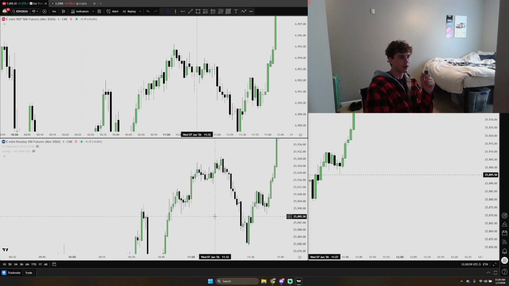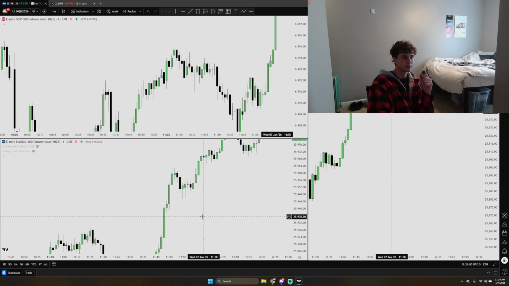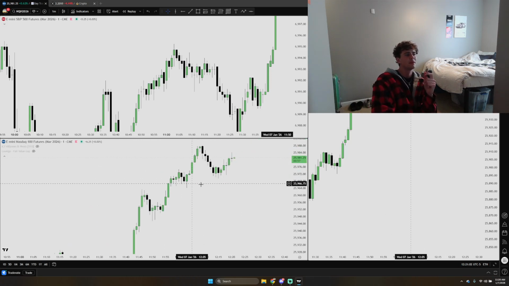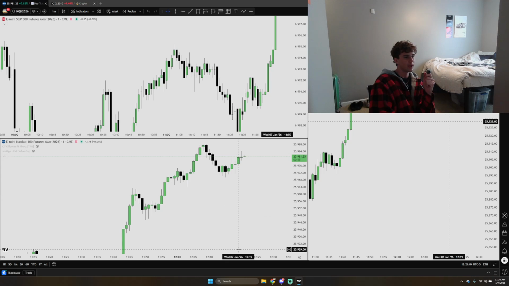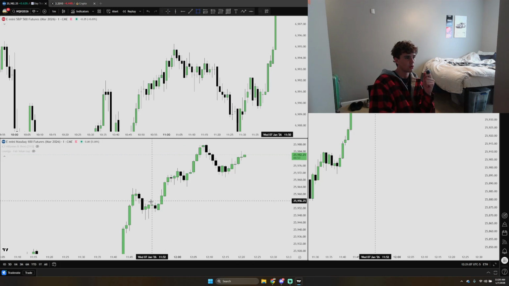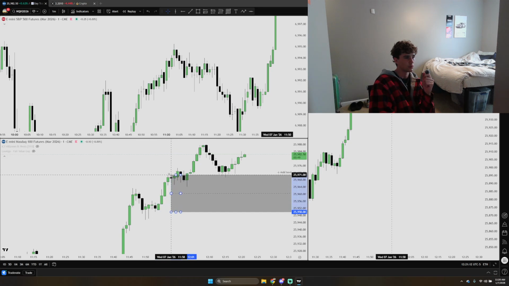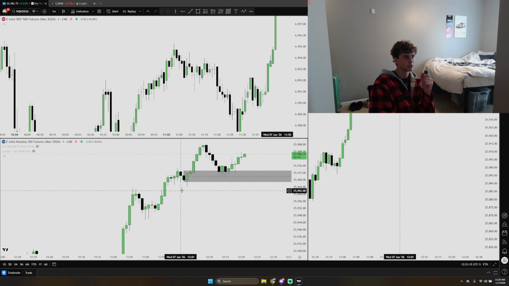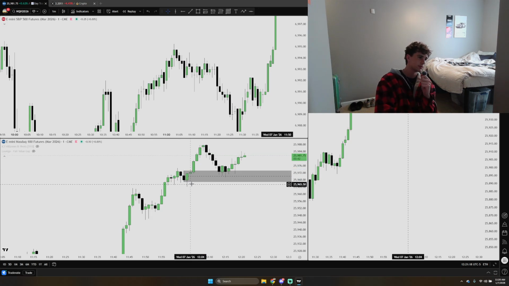I went over the last macro. We could have taken a short, but we took the invalidation low. And this macro, same thing. I was waiting for this order block to get inversed, then this order block, then this order block, because I had a bearish bias after the buy-side liquidity sweep.